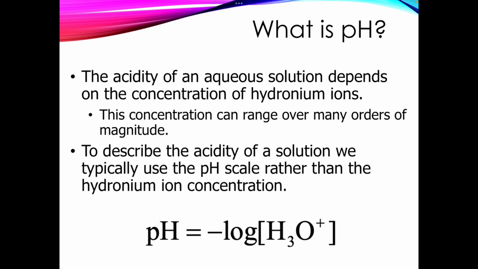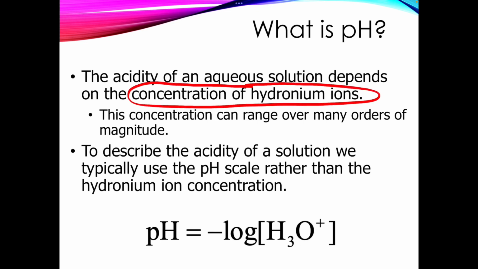We need to know in chemistry the concentration of our hydronium ion, how acidic it is, how basic it is, because chemistry is a math-based course. So we need to be able to associate some numbers to tell us how acidic something is or how basic something is. So essentially what we're looking at is our concentration of hydronium ions.